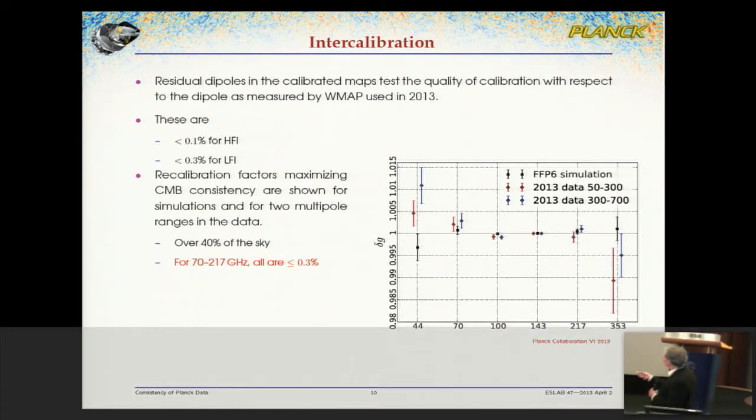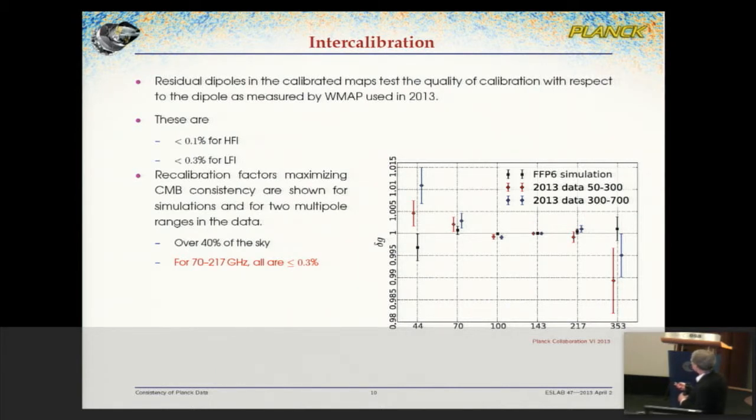Recalibration factors maximizing CMB consistency have been calculated both for simulations and for two multipole ranges in the data, 50 to 300, 300 to 700. You probably can't see the difference between the black simulation points and the blue 300 to 700 points. But just look here in the middle.